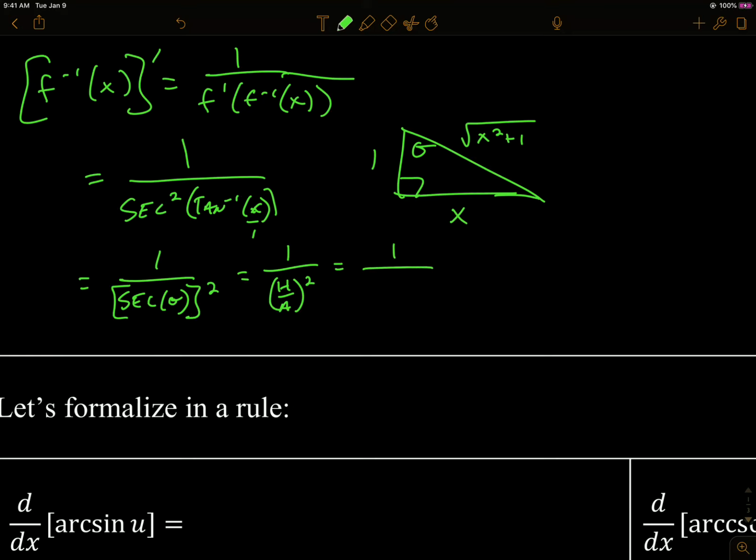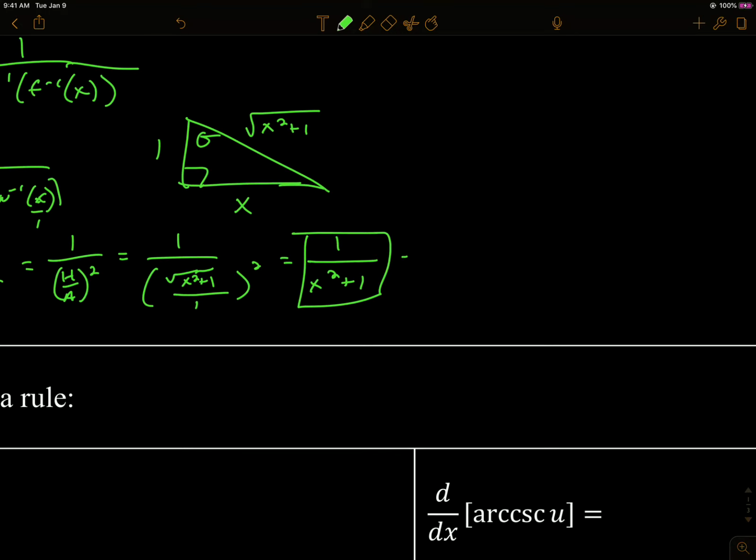So root x squared plus 1 over 1, squared, gives x squared plus 1, so we get 1 over x squared plus 1. That is going to be our derivative of inverse tangent. Again, notice our pattern still holds. This is not a cofunction, therefore its derivative is positive.